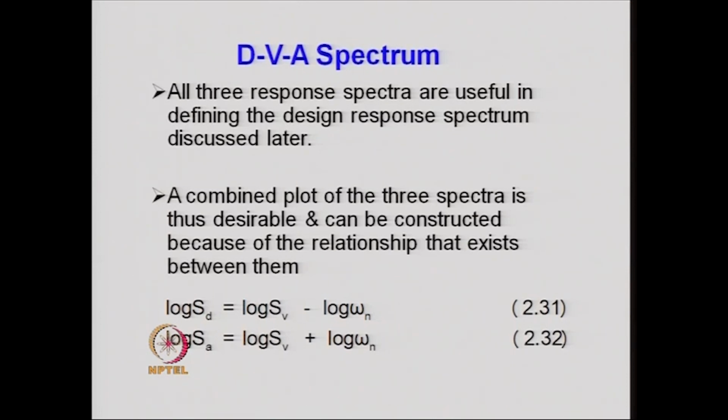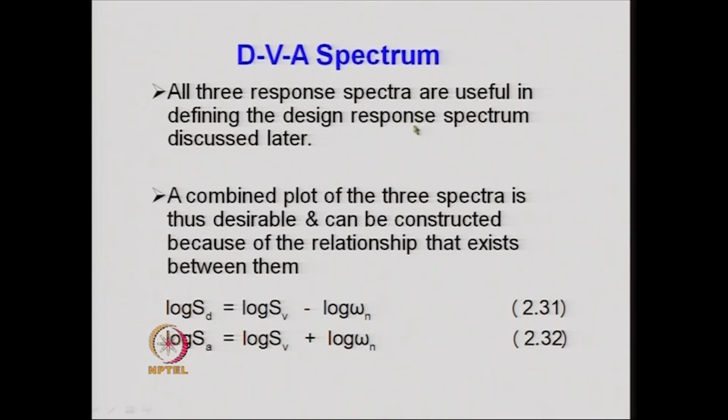The DVA spectrum forms the basis for defining the shape of the design spectrum that is used in different codes all over the world. All the three spectrums are useful in defining the design response spectrum, which we will discuss later.